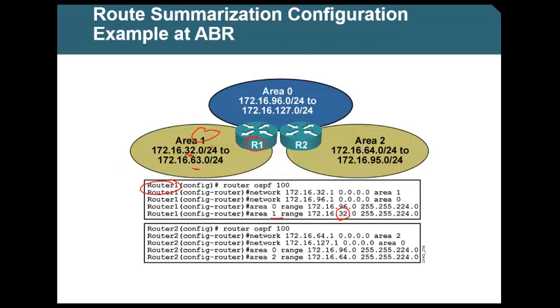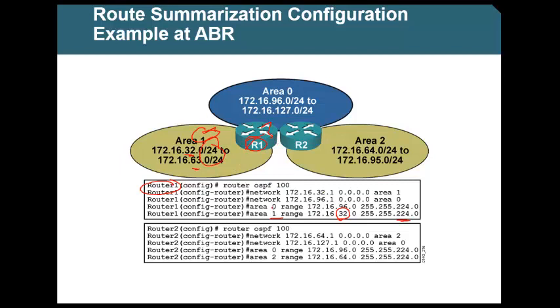Area 1 is the command; you should not say area 0. Start from 32, and the mask is 255 minus 31, which is 224. This is summarized now and sent.